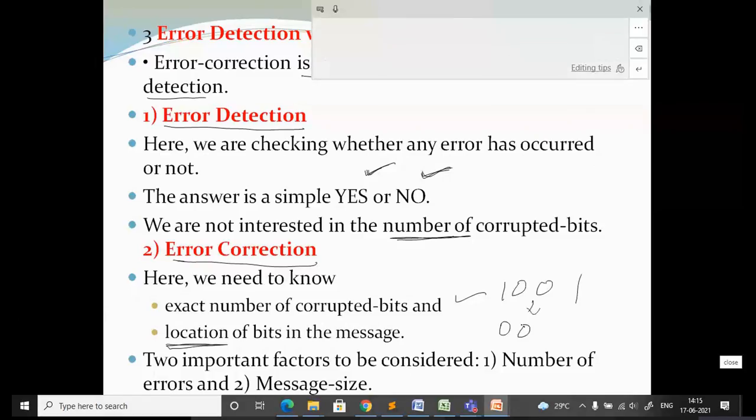According to the algorithm, one bit got corrupted, and the location should also be specified, because it has to correct this error. So this 0 is changed to 1. Some technique should be used to identify whether it should be 1 or 0. That is taken care of in error correction. Two important factors to be considered in error correction are the number of errors and the message size. So even message size matters.